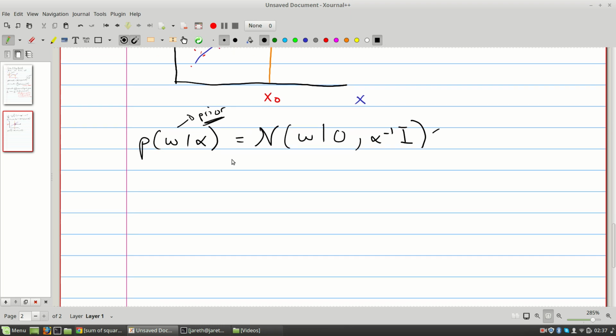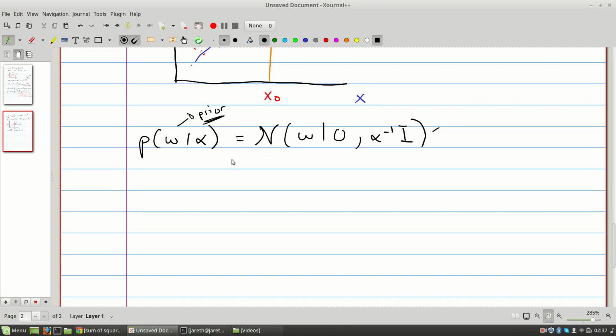So we're going towards a more Bayesian approach, and we can write this as alpha over 2 pi to the power of m plus 1 over 2, times the exponent of minus alpha over 2 w transpose w, right?